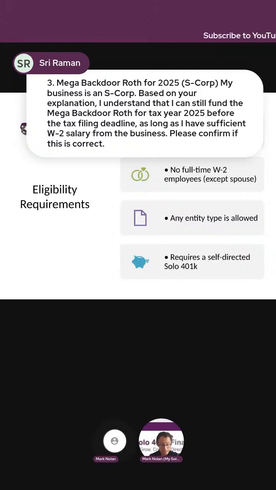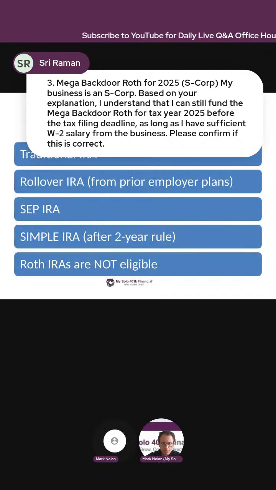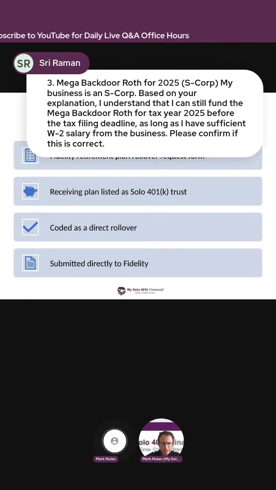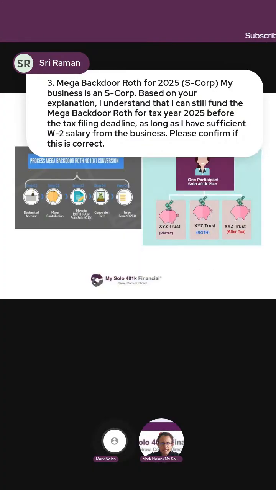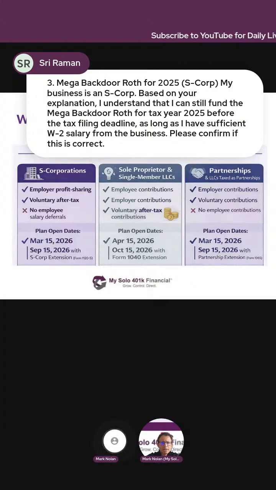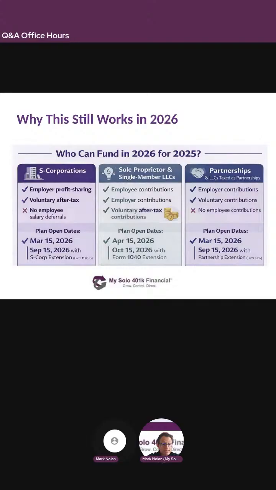We actually have been covering that topic for the last couple weeks, so I know you've mentioned you've been listening to our webinars, so I'm glad that you've had a chance to tune in. But yes, from a voluntary after-tax solo 401k side of things, it's not too late to open a solo 401k plan here in 2026 so that you can make tax year 2025 contributions.